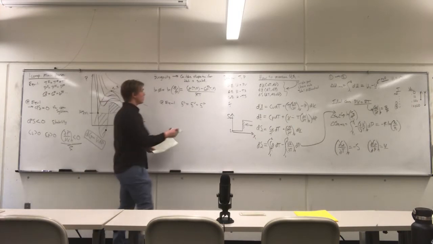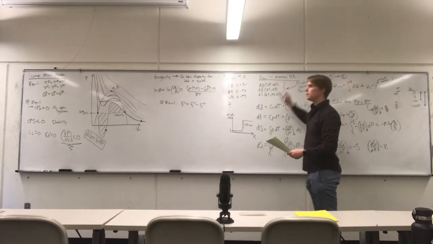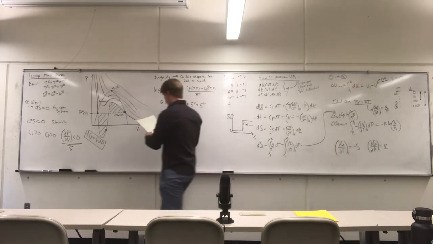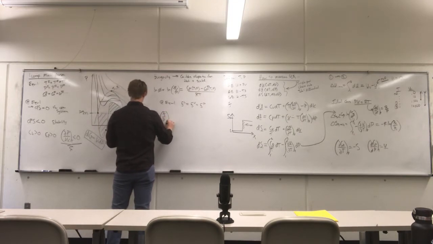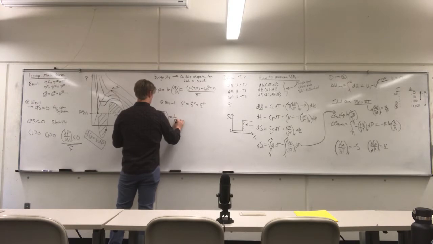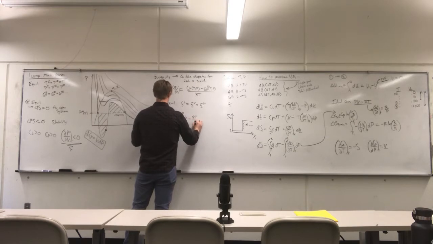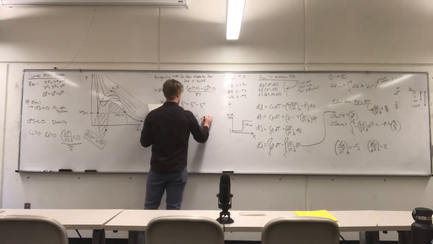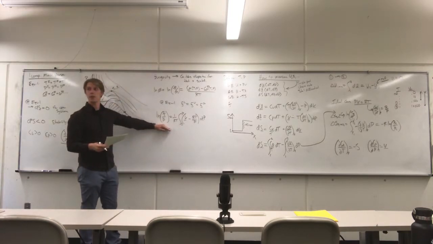All right, so we did a similar approach with all of this junk over here, and we could come up with expressions for how to calculate the fugacity. This is how we can calculate the fugacity with an equation of state.